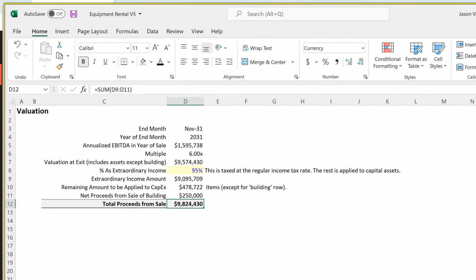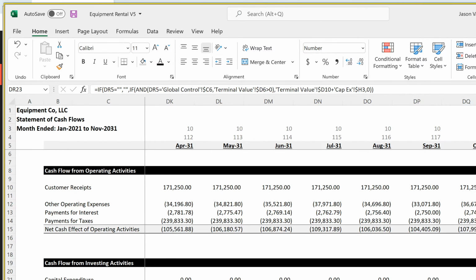So somehow we got 478 in there twice. And let's see how. So the terminal D6. We're doing terminal value D10, which, what is D10? I think, yeah.